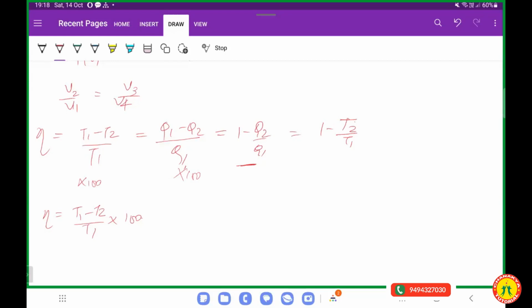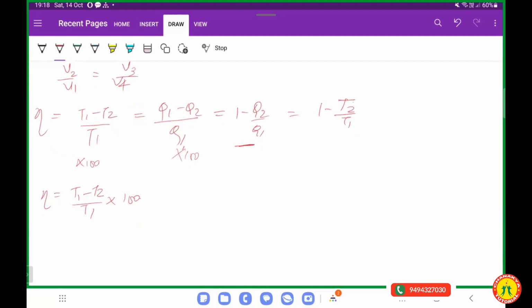If it is 100, it will be 0.99, like that. It will be a little less. So make a note of it. It's just a common thing. Efficiency can never be 100%.